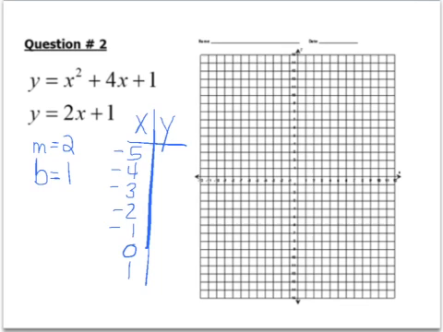So -5 squared plus 4 times -5 plus 1 will give me a positive 6. -4 squared plus 4 times -4 plus 1 will give me a positive 1. -3 squared plus 4 times -3 plus 1 is -2. And this is my turning point, or my vertex, right here at -2, -3.